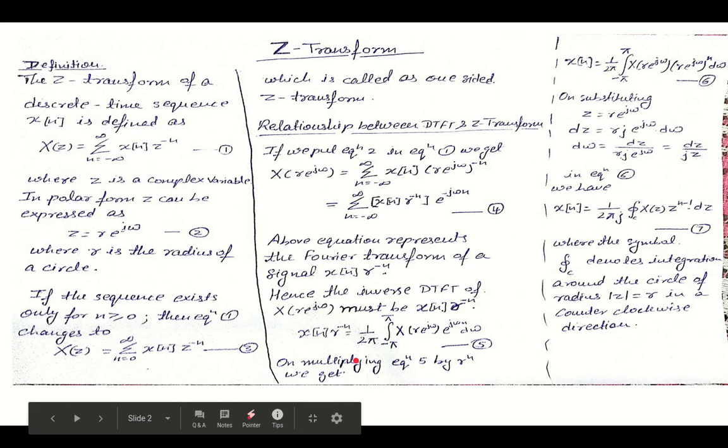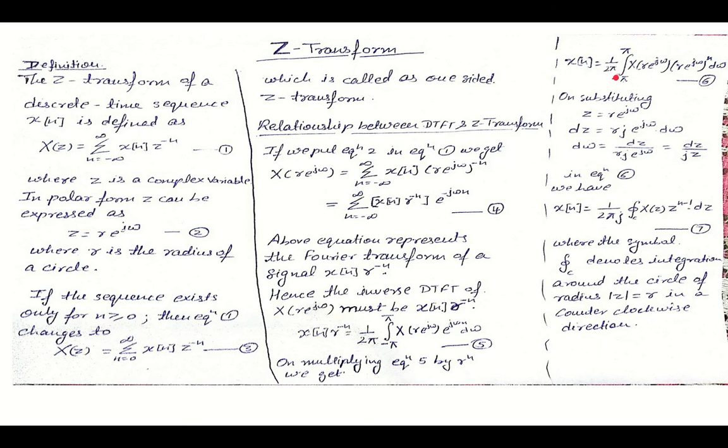Now in this equation we have r to the power minus n, so if I multiply both the sides with r to the power n, we can obtain x[n] equal to 1 upon 2 pi.